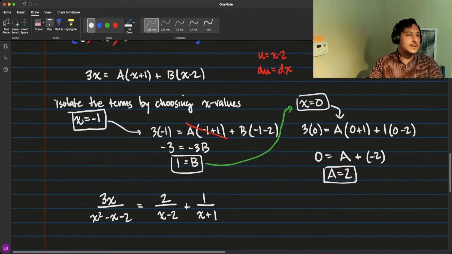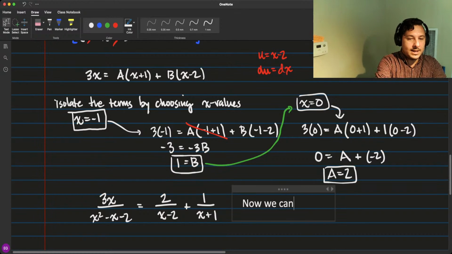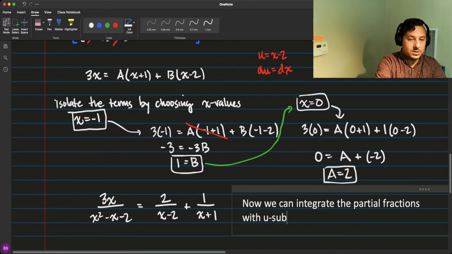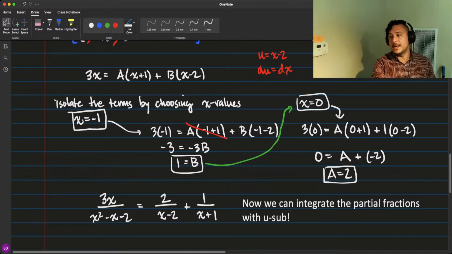And why are we doing this? Because now we can integrate the partial fractions with u substitution, thus finding my antiderivative.